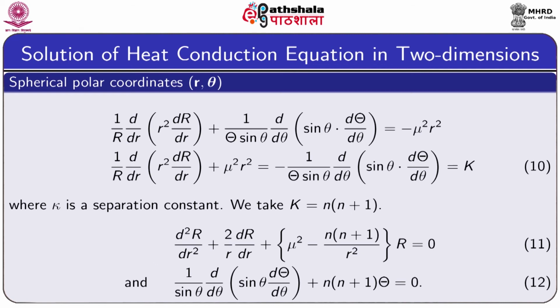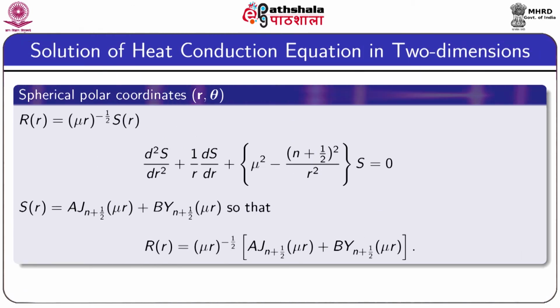If you observe equation number 11, we do the substitution R equals (μr) to the power minus half into S(r). In terms of the variable capital S, the equation becomes d²S/dr² plus 1 by r dS/dr plus (μ² minus (n plus half) whole squared by r²) into S equals 0.